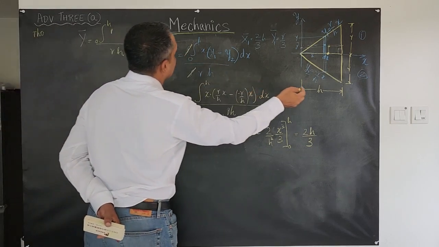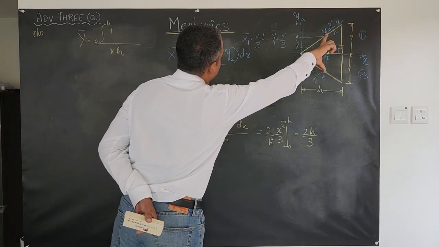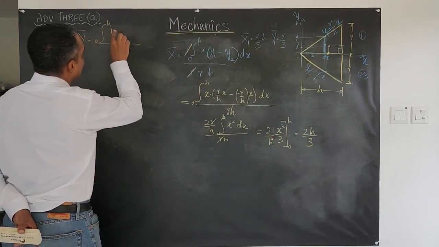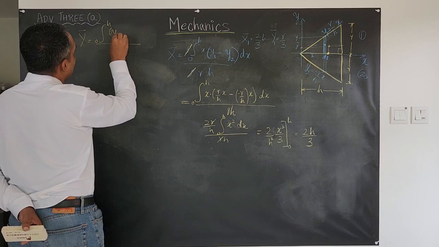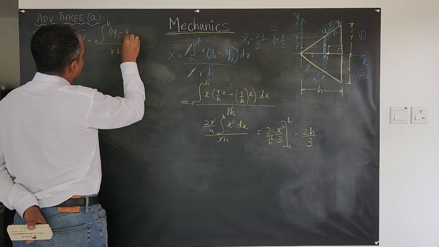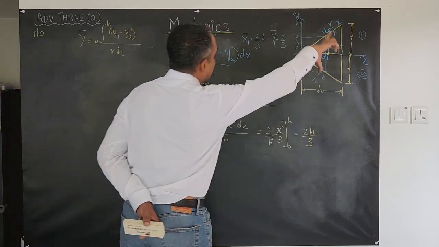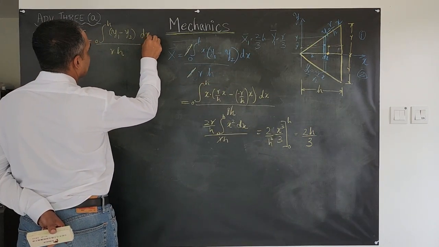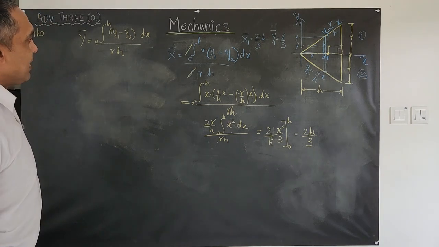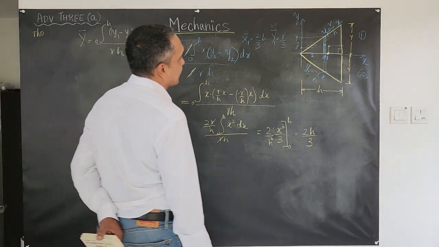Let me say area first. The area would be y1 minus y2, that length, times dx.